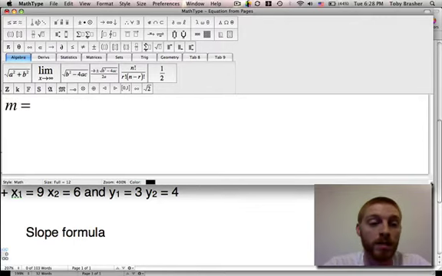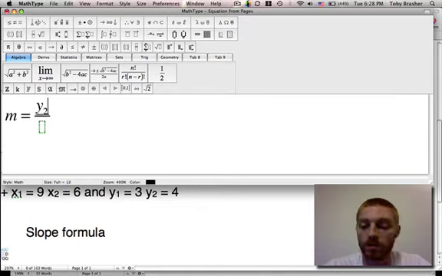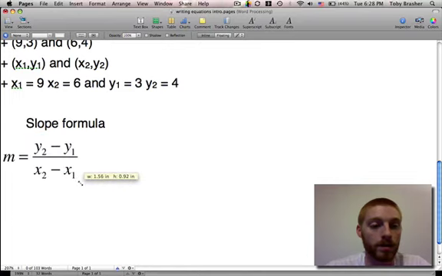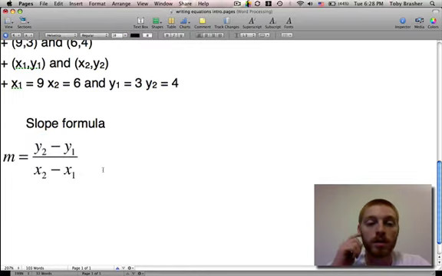So I'm going to write m equals, a fraction bar, and y sub 2 minus y sub 1 over x sub 2 minus x sub 1. You'll see here that we've used subscripts to represent this equation. If we were trying to find the slope, we would have to know what y2 was, what y1 was, what x2 was, and what x1 was.